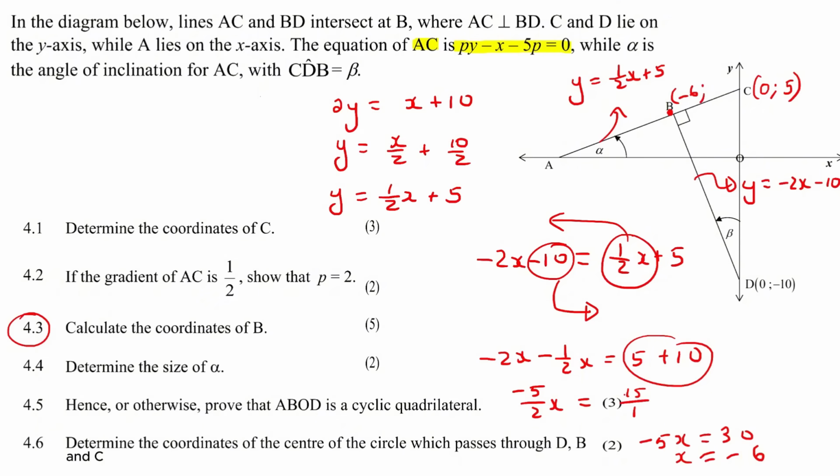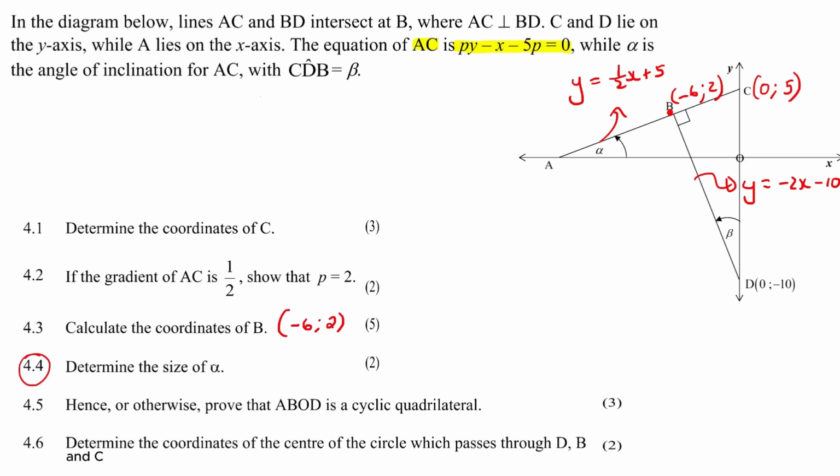Then to find the y value, you plug that x value into either this equation or this equation. It doesn't matter. I'm going to plug it into this equation. So we plug in an x value of -6. And we end up with 12 minus 10, which is 2. So we have the coordinates of B as -6, 2.